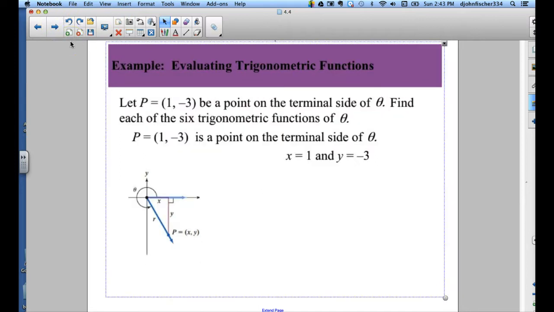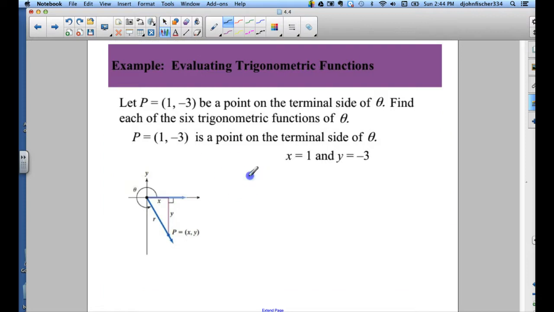So let the point (1, -3) be a point on the terminal side of theta. Find each of the six trigonometric functions. Now, if we know that x is 1 and y is -3, we know that r is equal to the square root of x squared plus y squared. So r is equal to the square root of 1 plus 9. -3 squared is 9, 1 squared is 1, which is the square root of 10.